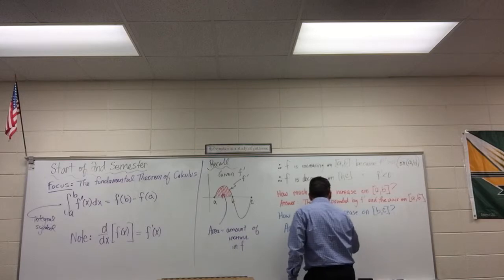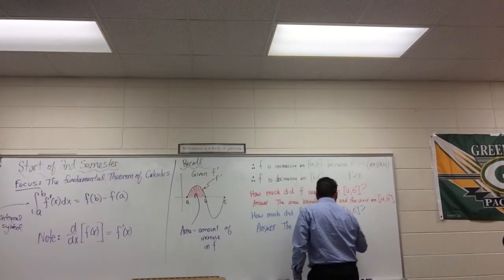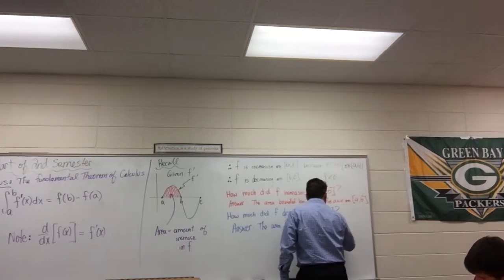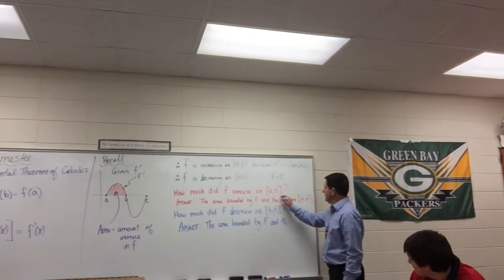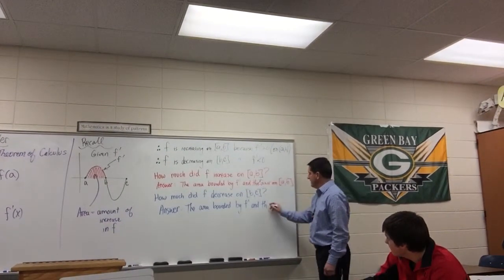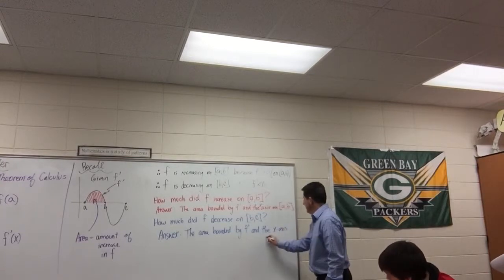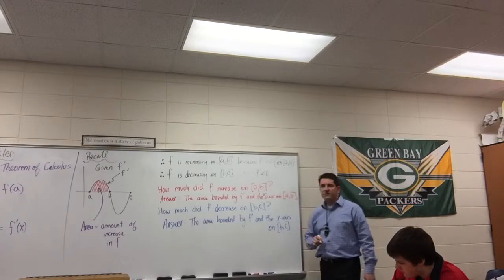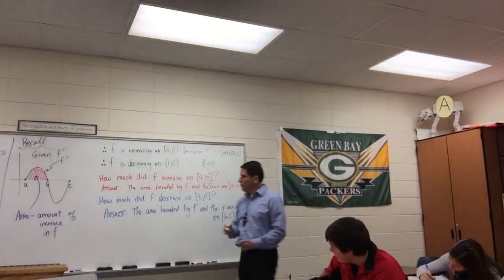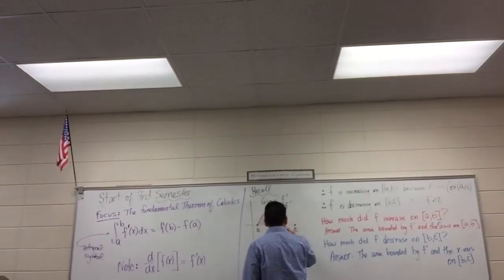Again, it's the area bounded by f prime and the x-axis, oops, I didn't put the x-axis here. Make sure you see this. It's the x-axis on the interval from B to C. This concept is huge. So again, I'm going to shade this area right here.